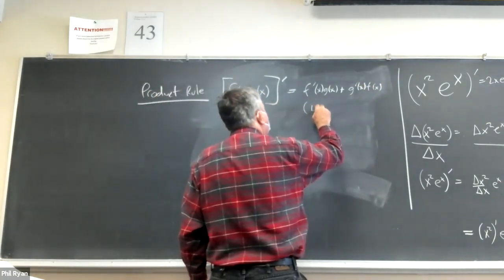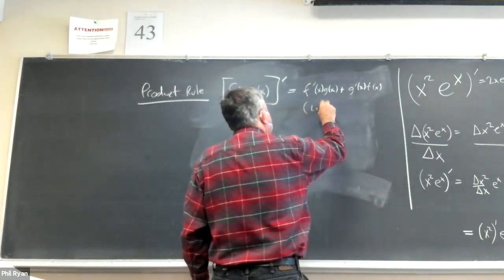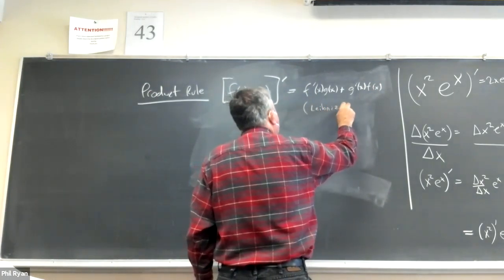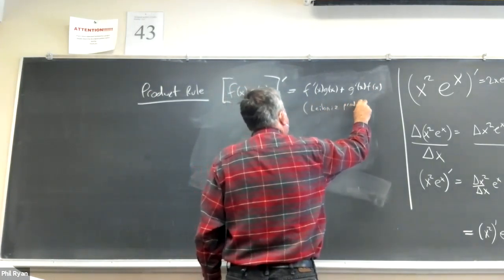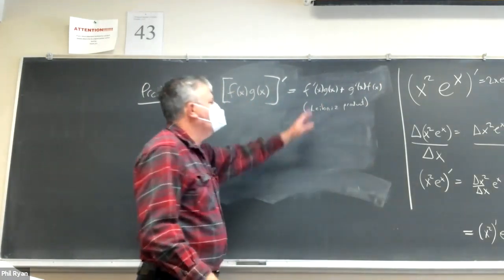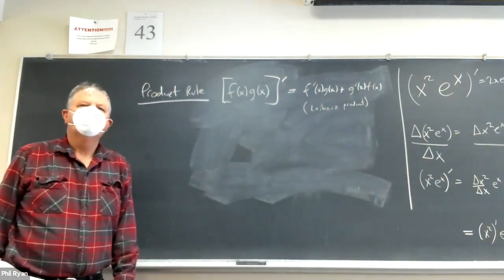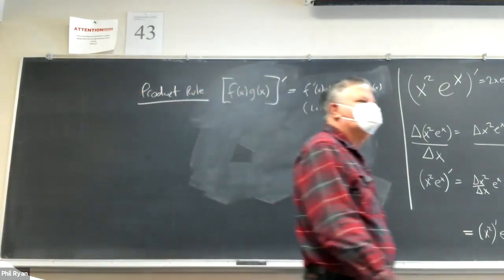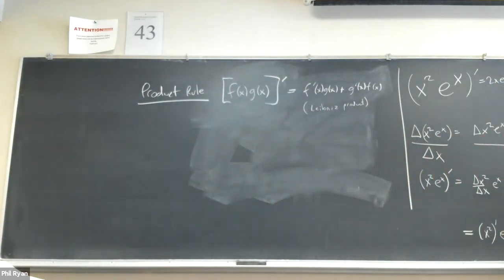This is known as the Leibniz product rule. Back in the 17th century, he was the first person who figured that out and wrote that down.